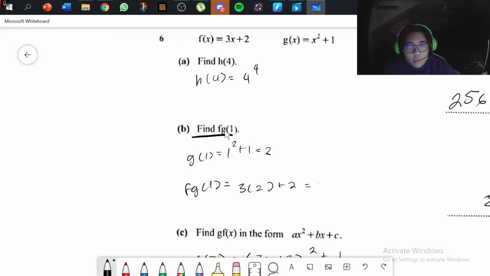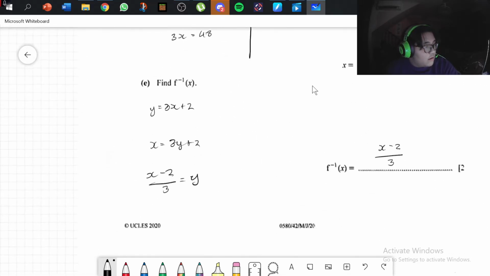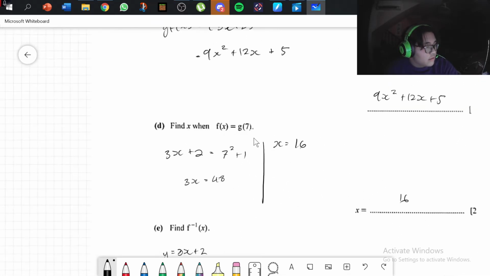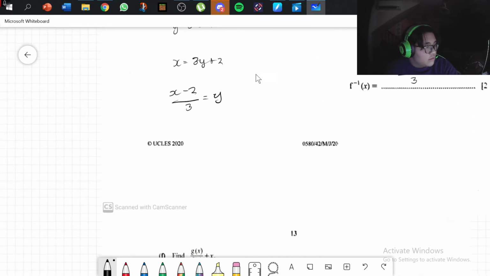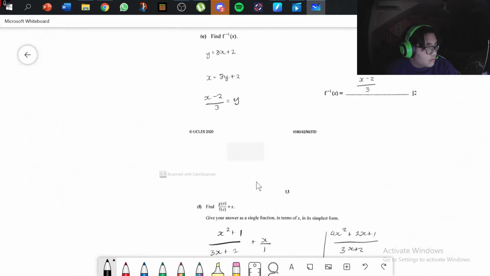We have to put the function that came second inside the first, not the first inside the second, which some people always do. They mistake that you need to put f into g, which makes the equation totally different.